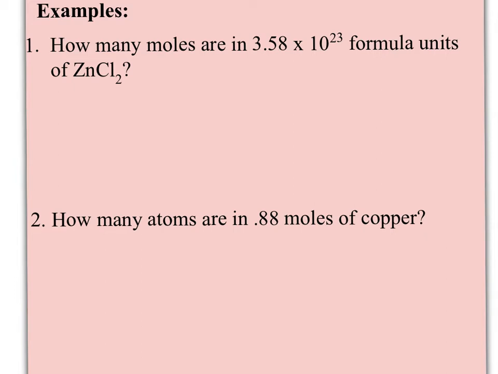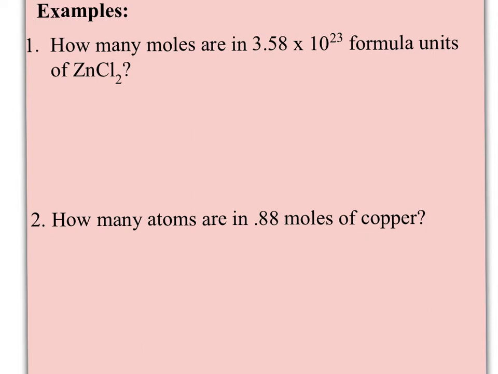Remember, our equality is 1 mole equals 6.02 times 10 to the 23rd particles, or whatever you're interested in. So my first example says how many moles are in 3.58 times 10 to the 23rd formula units.